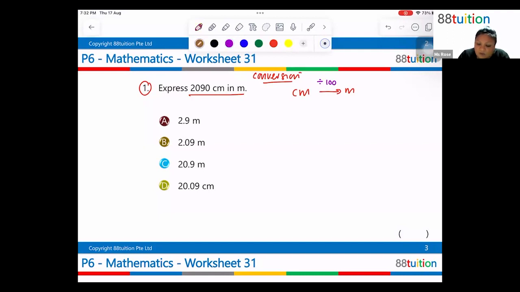Whereas if you are changing from meters to centimeters, you multiply by 100. For example, 1 meter is equal to 100 cm. So you can notice that what we're doing here is to multiply by 100, so to get cm to meters is divide by 100.